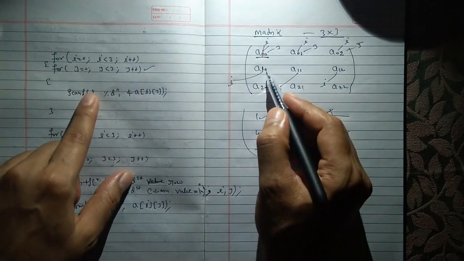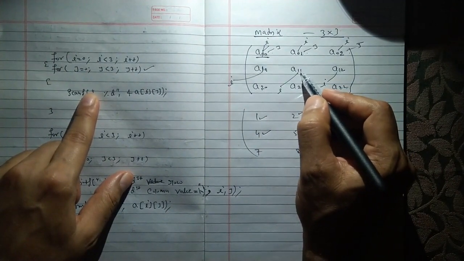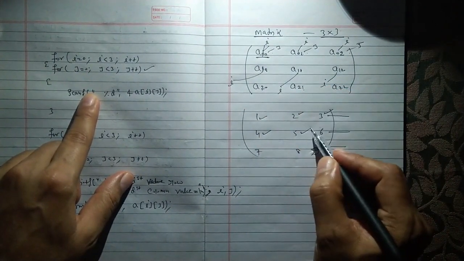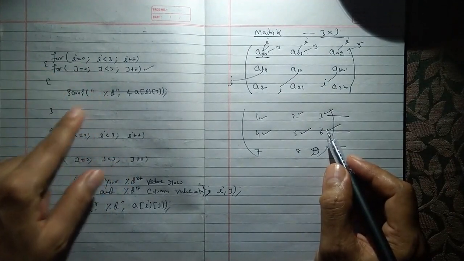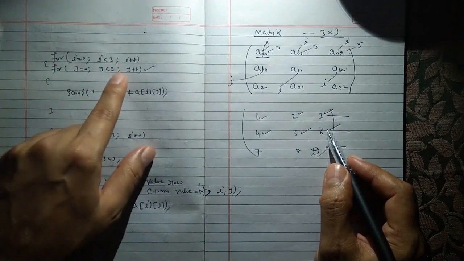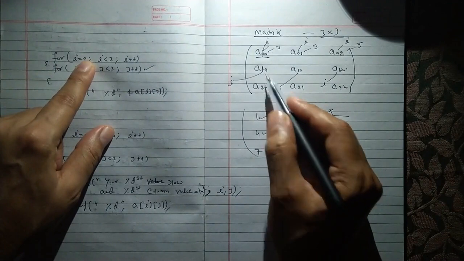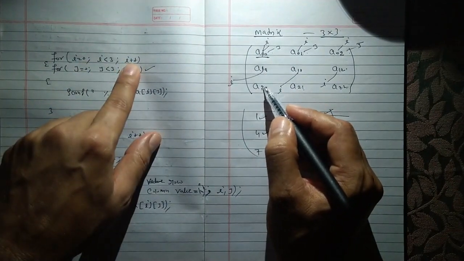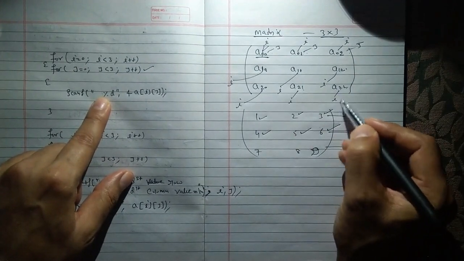So j = 0, you will input 4, then j = 1, you will input 5, then j = 2, you will input 6. Now this loop has finished because 2 is less than 3, then 3 is not less than 3. Then again i was 1, now i = 2 because of i++.